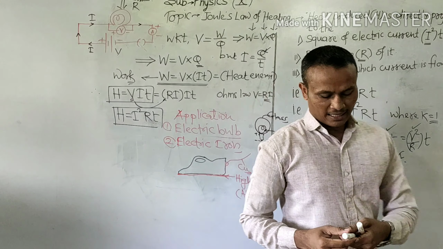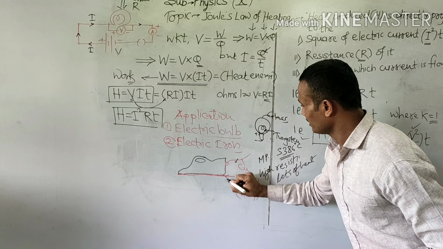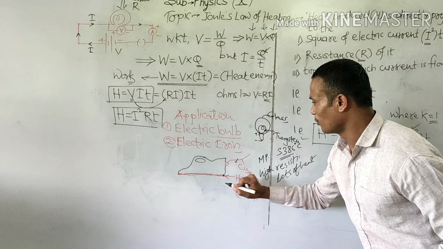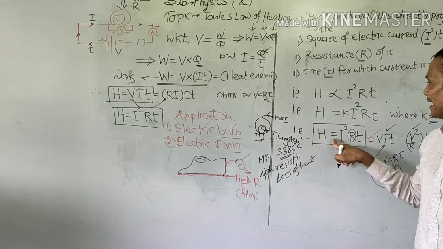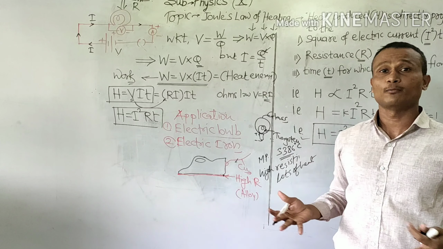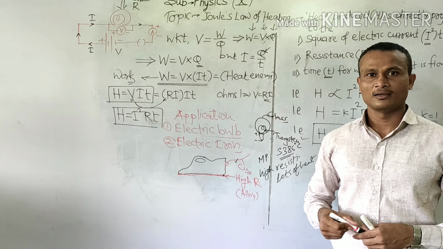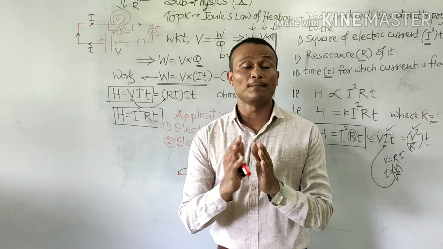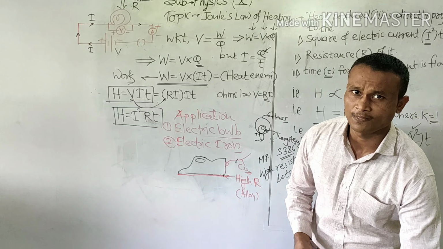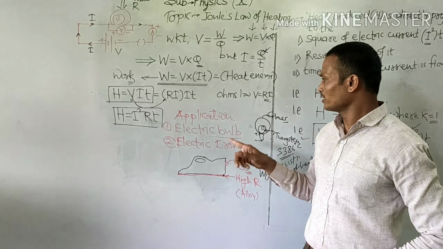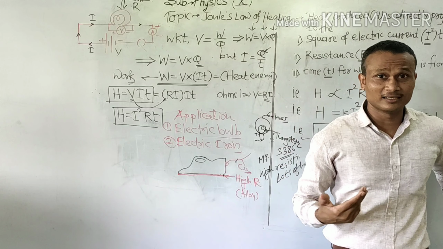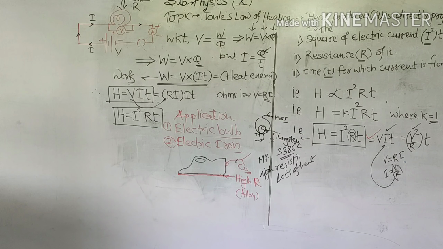Now current reaches the alloy, which is the bottom of it. Since it has a high resistance, it will produce a greater amount of heat, and that heat can be utilized for pressing. Similarly, we have a number of applications of Joule's law of heating, such as electric iron, electric heater, electric geyser. This is how we can find the various applications of Joule's law of heating in our life.